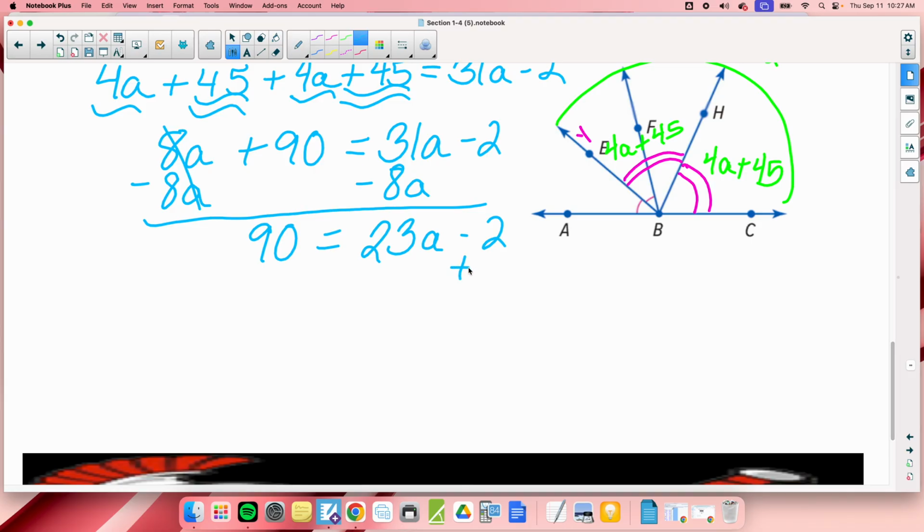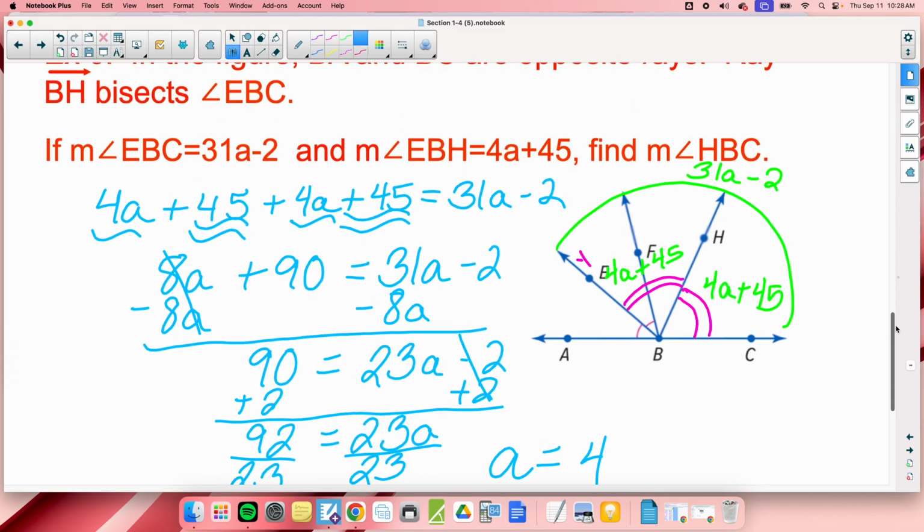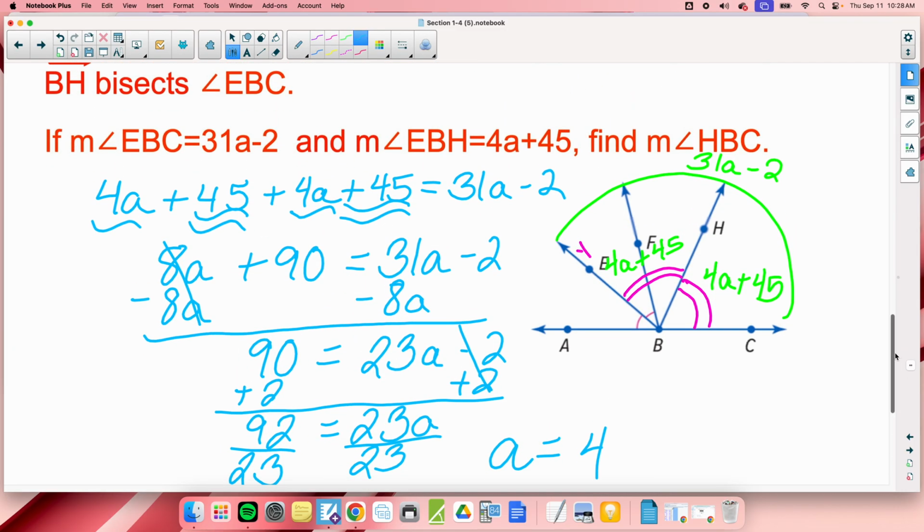Then I'm going to add 2. And I get 23A is 92. Divide by 23. And A is, did anyone divide that? 4 exactly, okay. And then this one asks us for HBC.